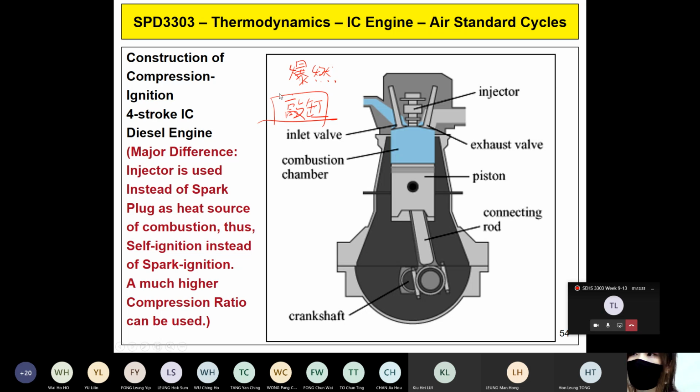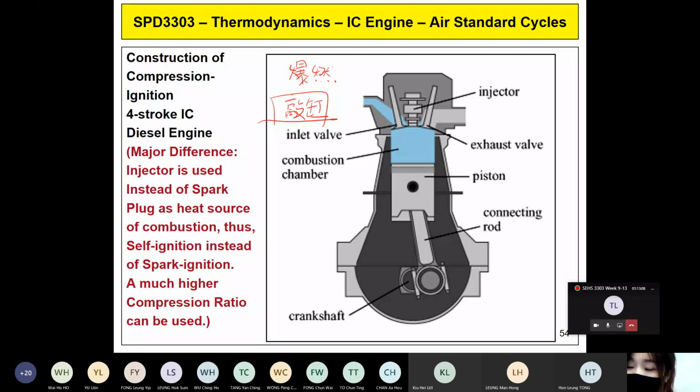Because of the high pressure and high temperature of the compressed air, the temperature goes beyond the self-ignition temperature and causes self-ignition. If you listen to the engine, you will hear a sharp mechanical noise, bing bong. We should always avoid this phenomenon because it's really very, very bad for your engine.